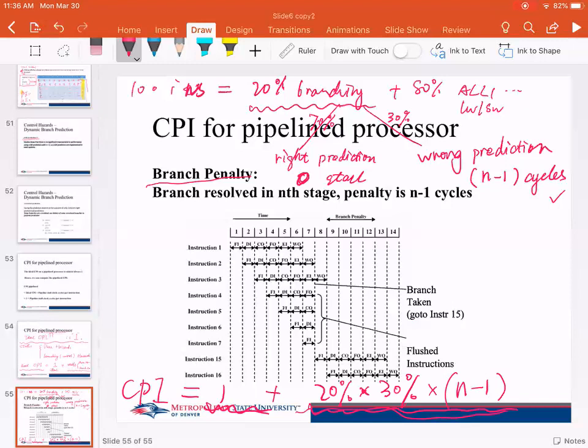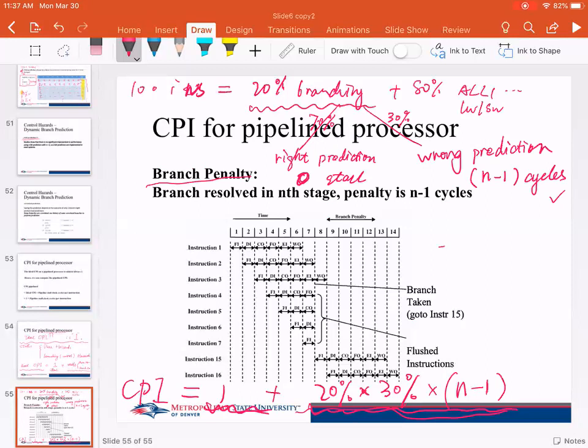However, on average only 20% of the instructions are branching instructions. Within a branching instruction, 30% of the time you made a wrong prediction. And when you made a wrong prediction, you have to pay n minus 1 extra clock cycles. And this will be the real CPI for this given pipeline processor.